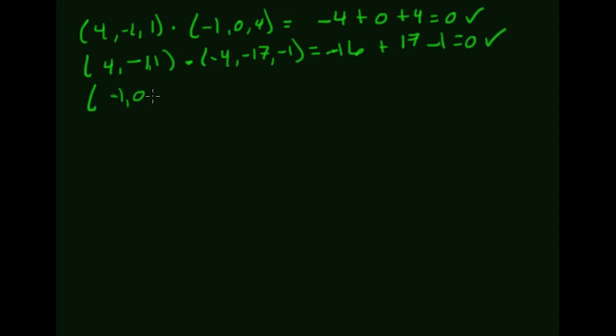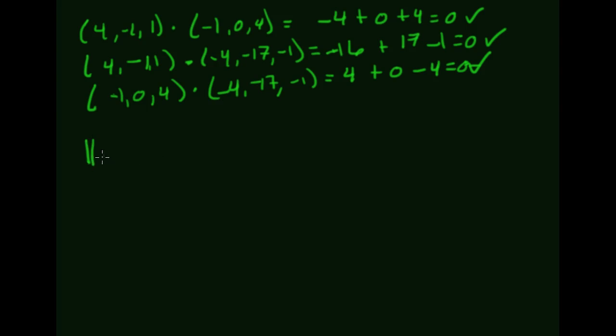And negative 1, 0, 4, dotted with negative 4, negative 17, negative 1, gives me 4, 0, negative 4, so that one also comes out as 0. So all of the vectors are orthogonal to each other.